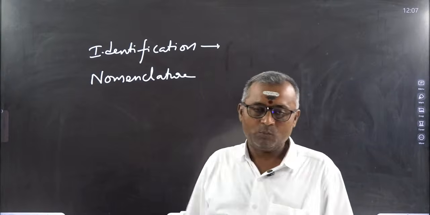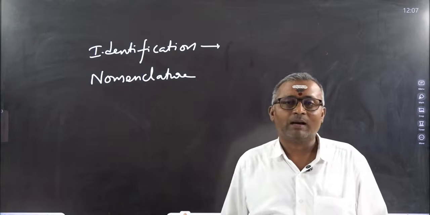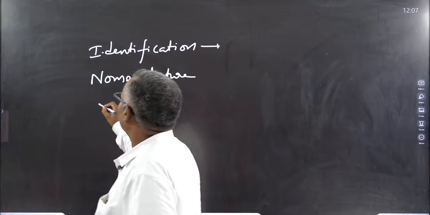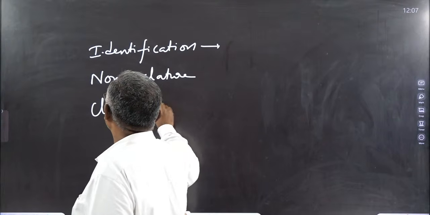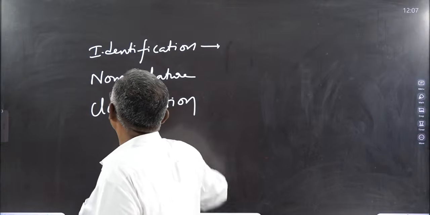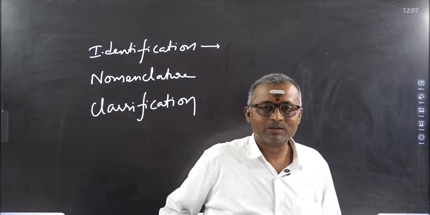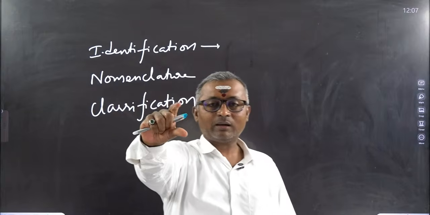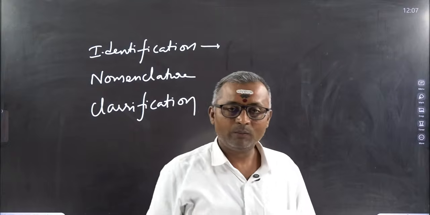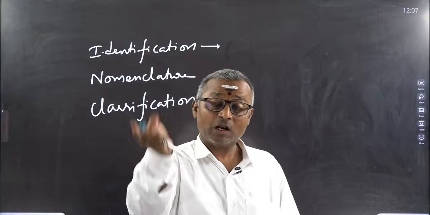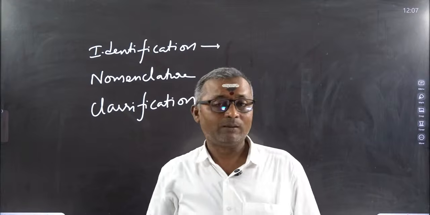Now in the third step, once naming is completed, you have to go with classification. First you are recognizing whether a collected specimen is already known or unknown, and then if it is unknown, you give a correct scientific name to it.